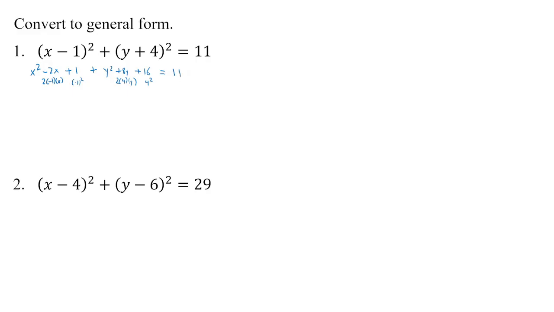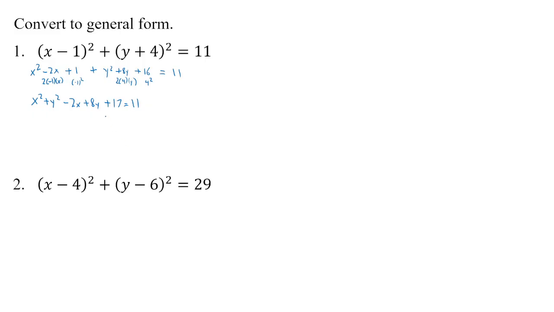Alright, the next thing you do is you write your x squared and y squared next to each other. All we're doing is rearranging. You write negative 2x and 8y next to each other. Then we add 1 and 16, that gives you 17 equal 11.